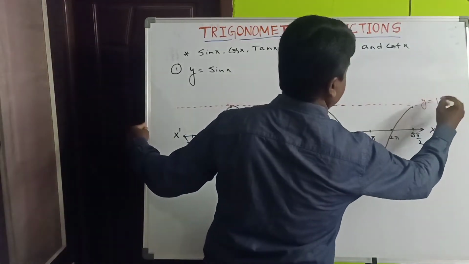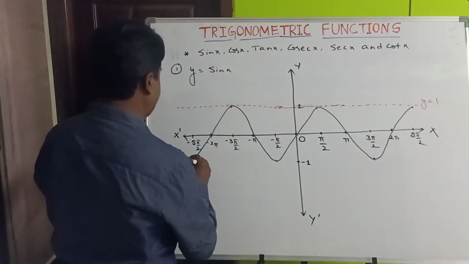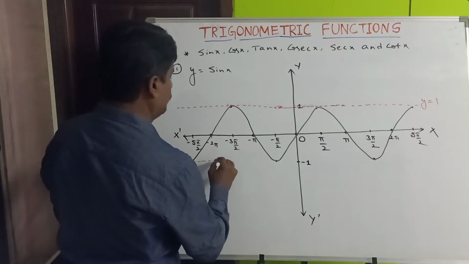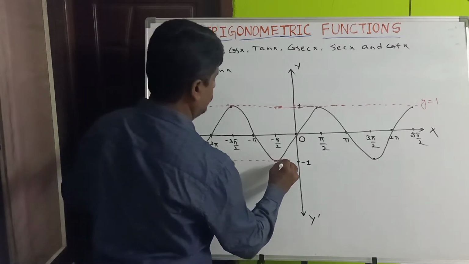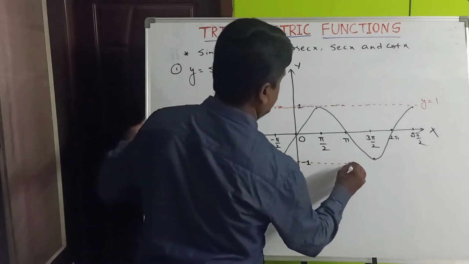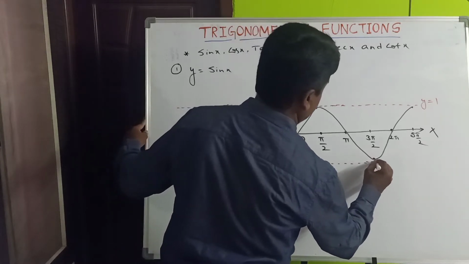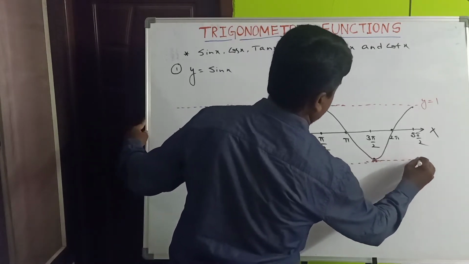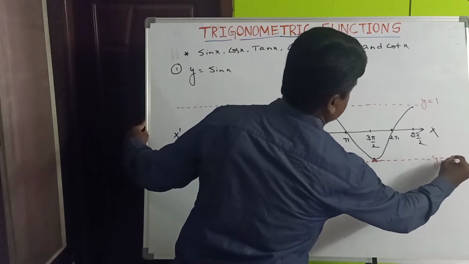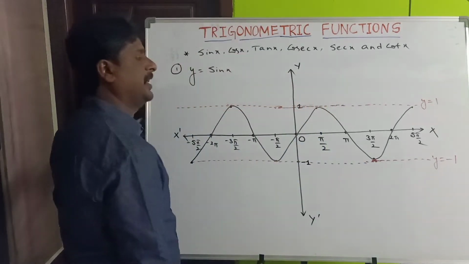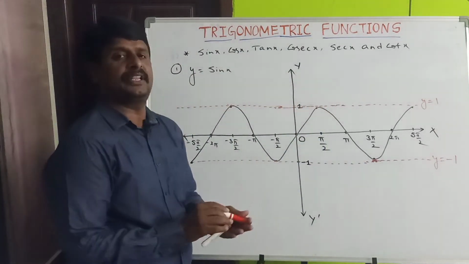This is y equals 1, the upper limit of the graph. And this is y equals minus 1, the lower limit of the graph.